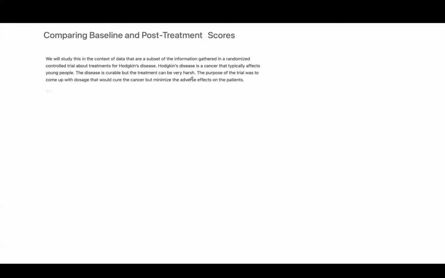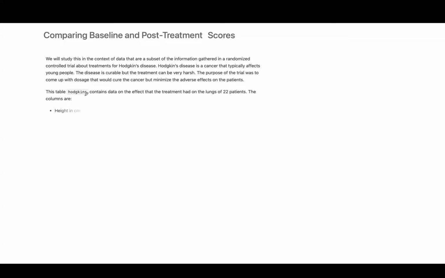The purpose of this trial was to come up with a dosage that would cure the cancer but minimize the adverse effects on the patients. The table Hodgkin's contains data on the effect that the treatment had on the lungs of 22 patients.